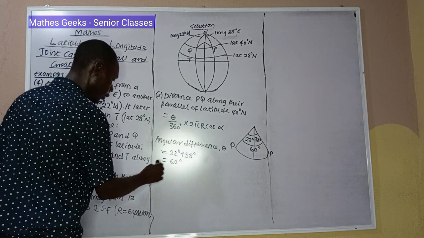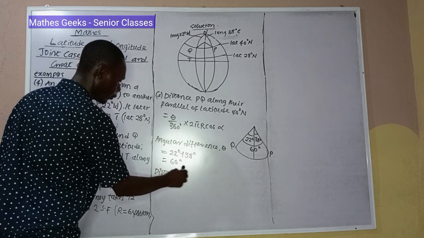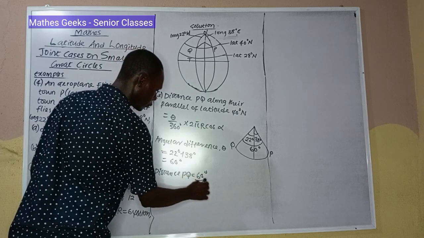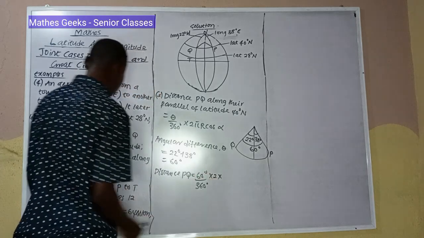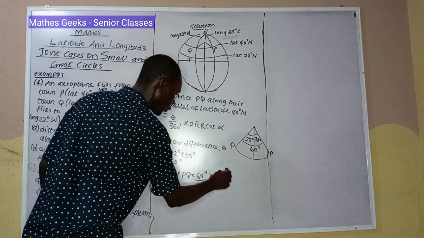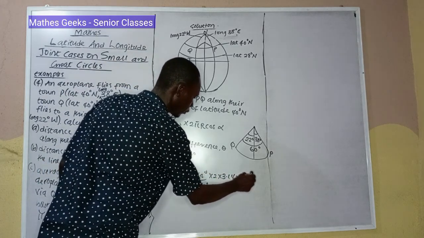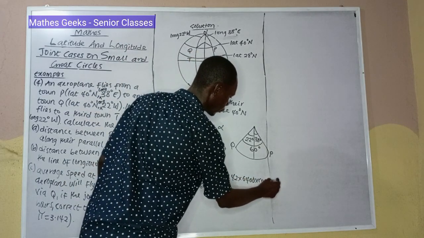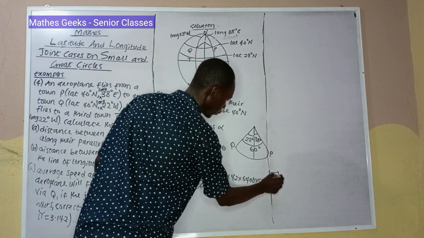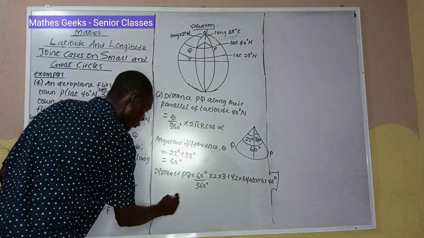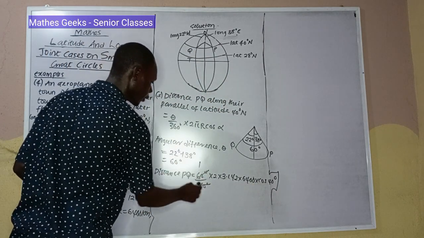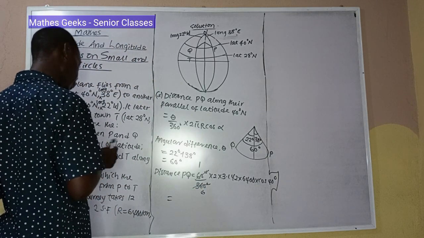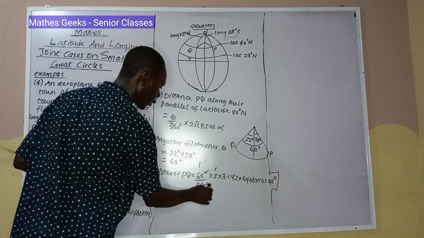So distance PQ is equal to, pi is 3.142. So 60 here, 6 here, and 2 here, 3.